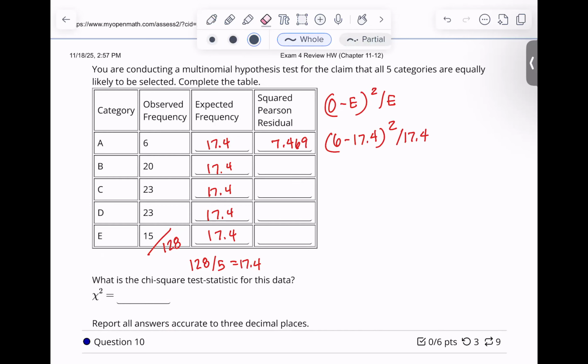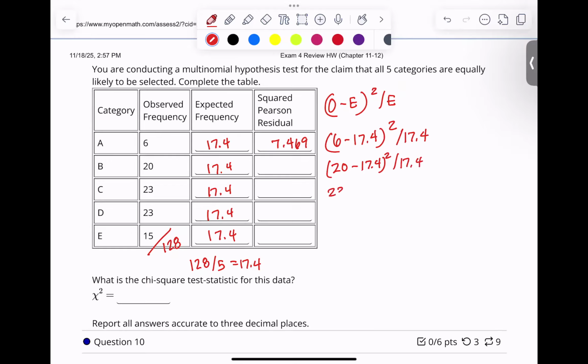And then I do the same for the rest. 20 minus 17.4, we square that and divide it by 17.4. We take 23, we subtract 17.4, we square that, divide it by 17.4. We take 23, we subtract 17.4, we square that and divide that by 17.4. We take 15, we subtract 17.4, we square that and divide it by 17.4.